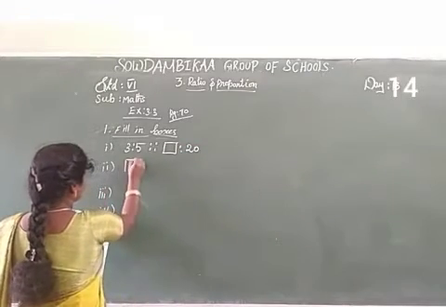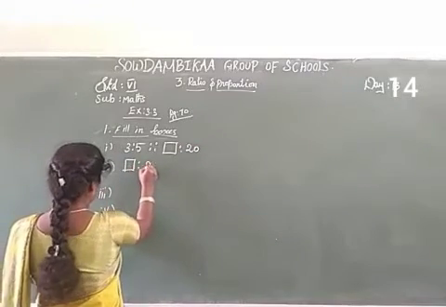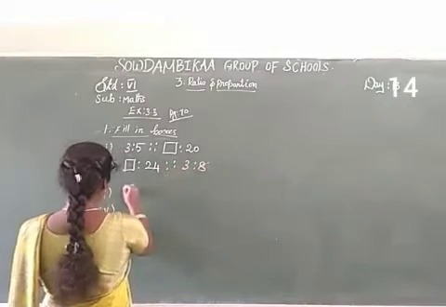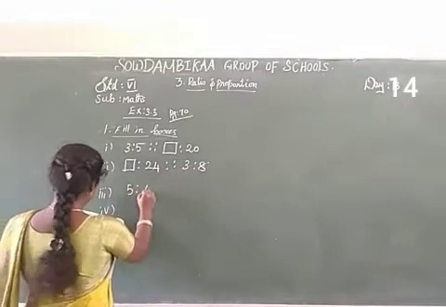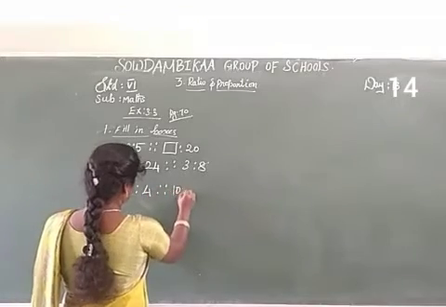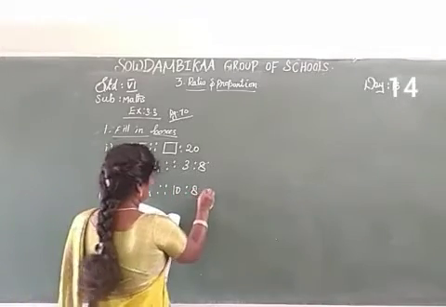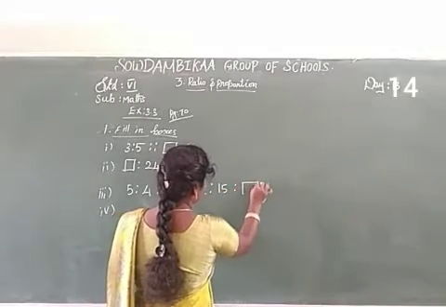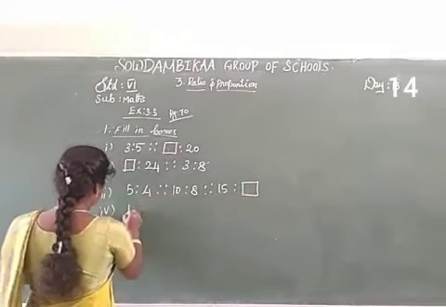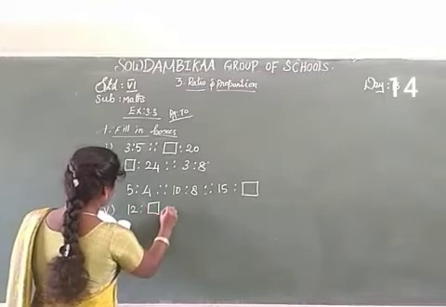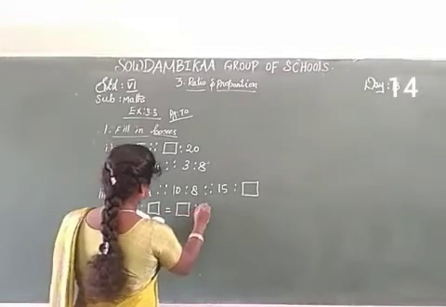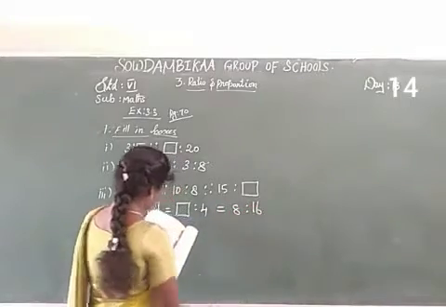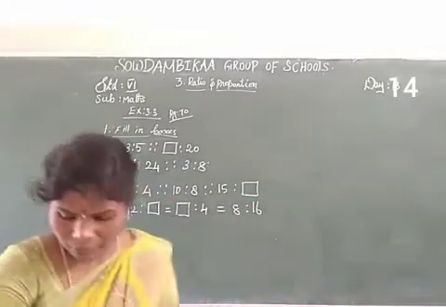The second sum: dash is to 24 equals 3 is to 8. Next, 5 is to 4 equals 10 is to 8 equals 15 is to dash. The fourth one: 12 is to dash equals dash is to 4 equals 8 is to 16. Now find the answer.